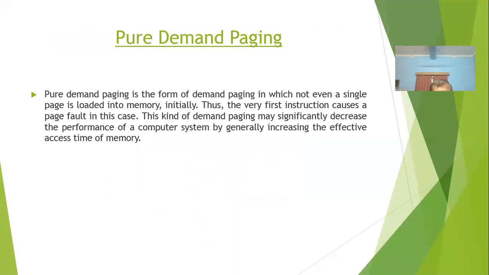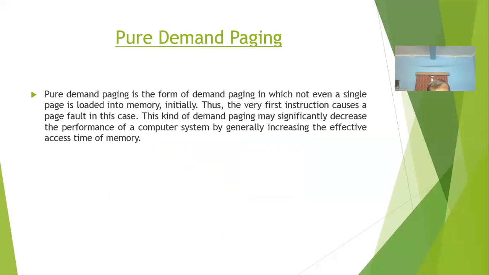In this context, another concept is there, which is known as pure demand paging. What is that? Pure demand paging is the form of demand paging in which not even a single page is loaded into the memory initially. Thus, the very first instruction causes a page fault in this case.